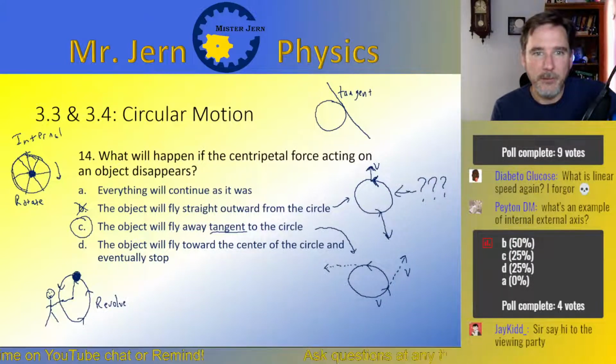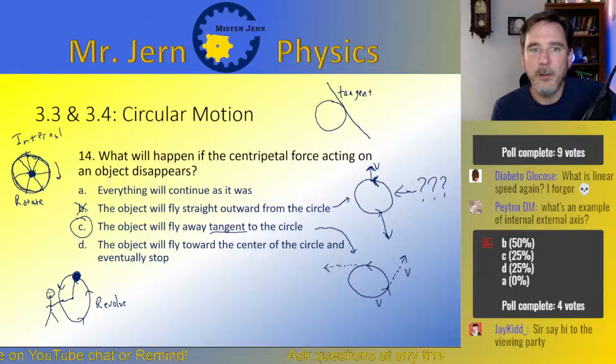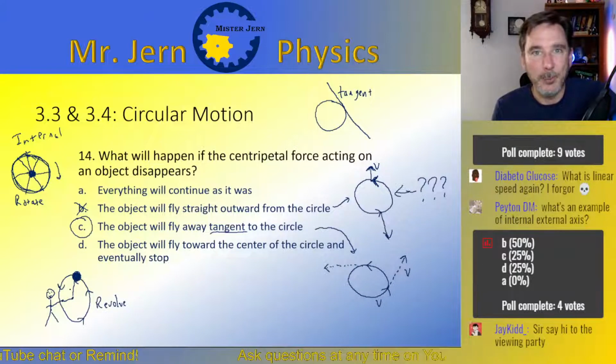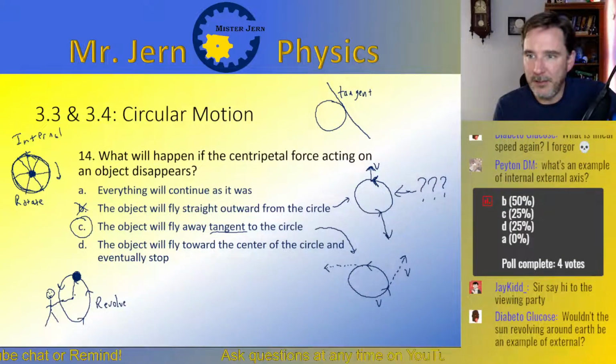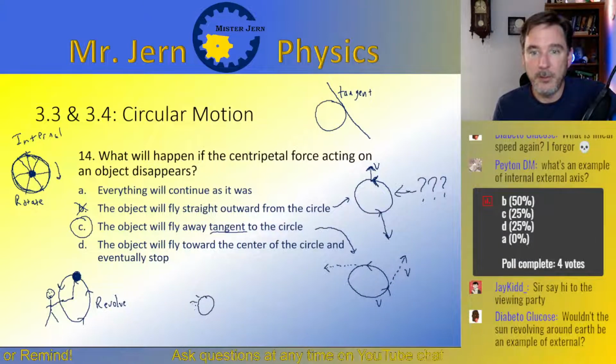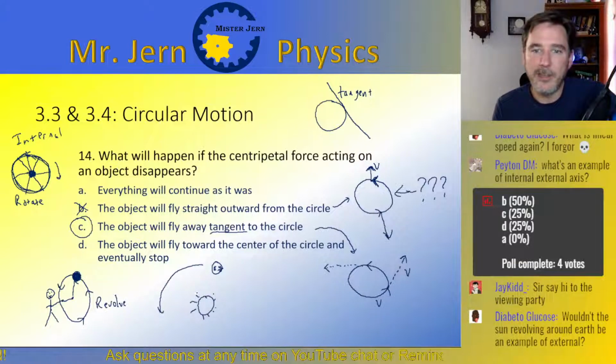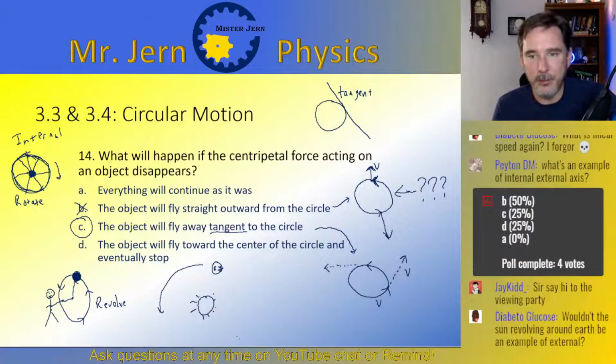So in the case of the wheel, the axis is part of the wheel. In the case where somebody's spinning something around in a loop, the axis is not part of the object. The sun revolving around the earth being examined? Yes, the earth revolving around the sun. So here's the sun, here's the earth, here's the continents and all that. I don't know why I didn't use that as an example.